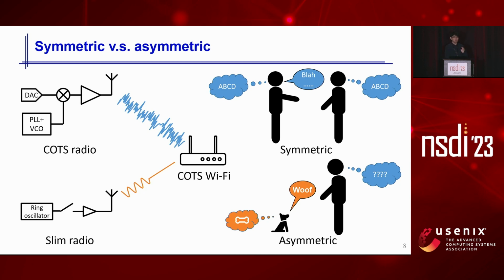I usually only know that it is barking, instead of knowing that it is asking for food. But since we have a more powerful brain, we can learn what this means. Similarly, if we want to enable asymmetric communication between the slim radio and the commercial off-the-shelf radio, we need to design a method to do a similar kind of conversion.